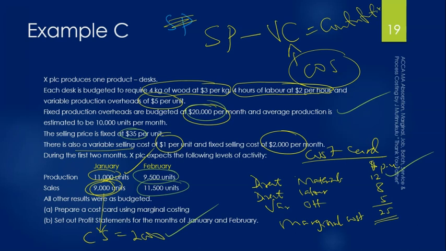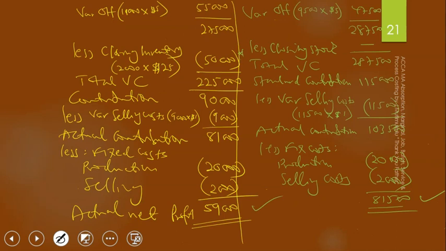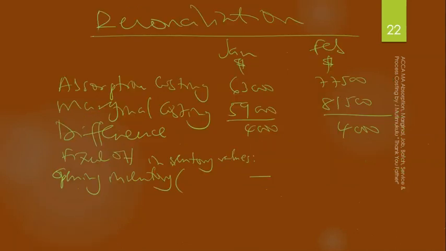The fixed overhead value in each unit of inventory was the fixed overhead absorption rate of $2, which we determined earlier on.